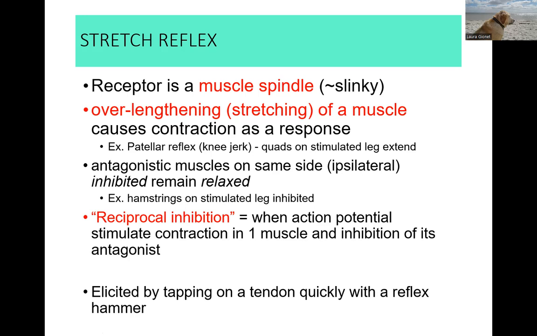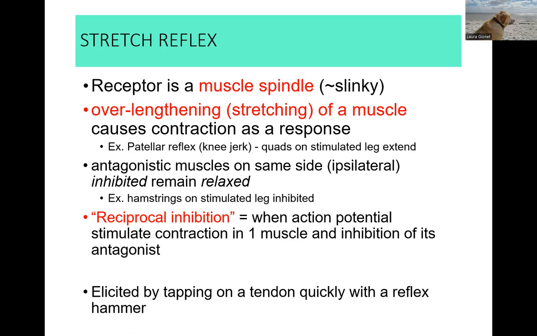The point is, if we want to lift our arm, we're going to more than likely contract the biceps brachii. Therefore we would want to inhibit the triceps brachii because they work in opposition to one another. Let's say we stretch the biceps brachii by tractioning on the tendon with a reflex hammer.